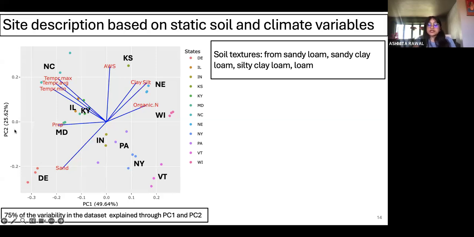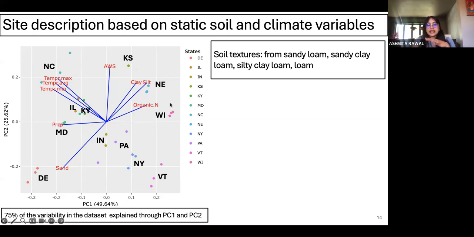Our PC1 and PC2 were able to explain 75% of the variability in our data set. And here, the red words are the variable names, and the blue lines represent where the gradients are, and the sites are over here. So I'll explain that.